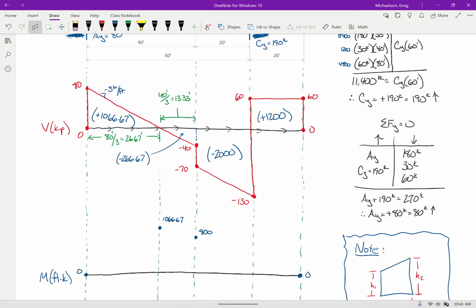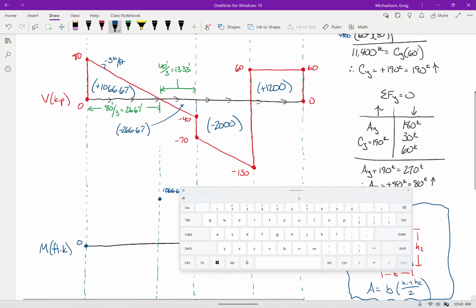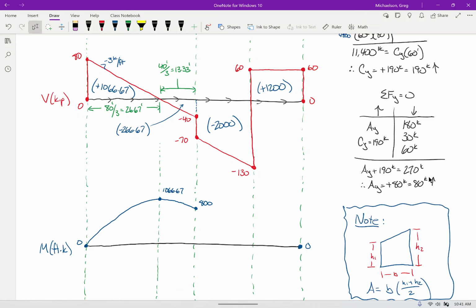And then little to a lot, little to a lot. In fact, this is all one parabola. So you're testing my plotting skills a little bit, but that's that parabola right there.